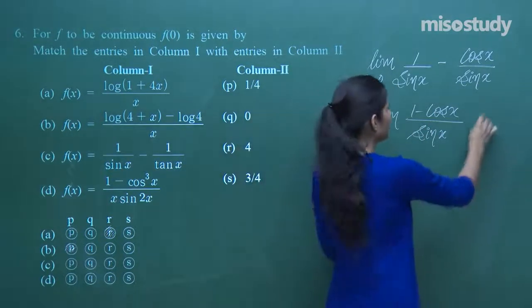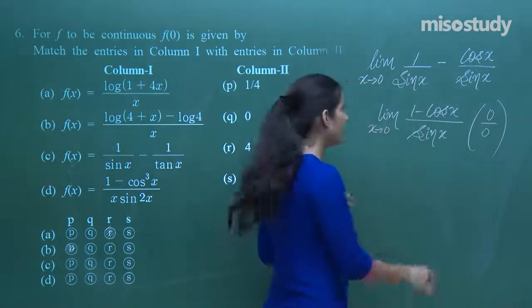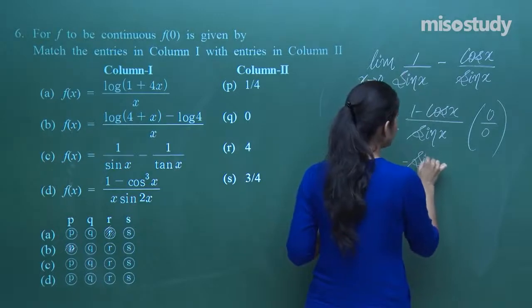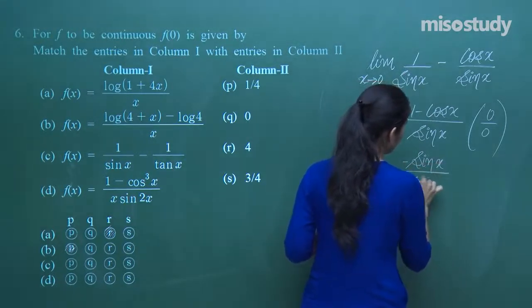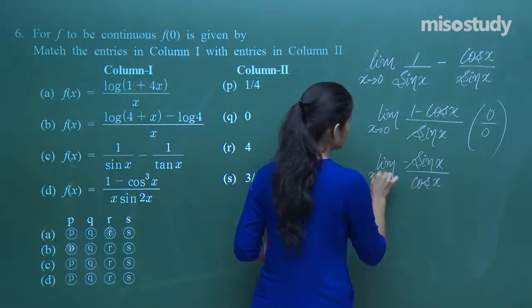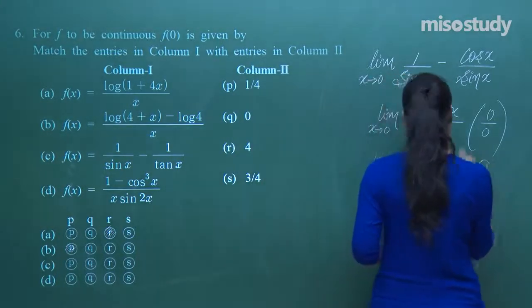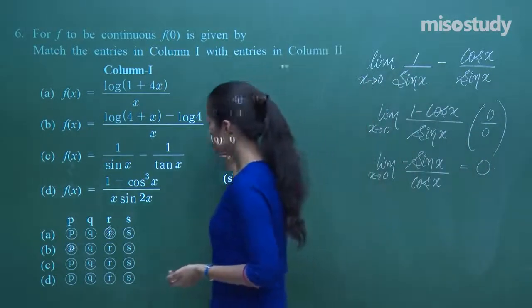You can see this is 0 by 0 form. Apply the L'Hopital rule. What is it that you have? You have sin x upon cos x, and this is limit x approaches 0. And this comes out to be nothing but 0, so you shade Q.